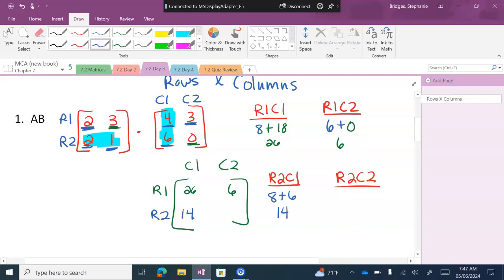And then we just repeat the process, row 2, column 2. First term in each, we multiply. 2 times 3 is 6. And then we're going to go across and down, and we're going to multiply again. 1 times 0 is 0.